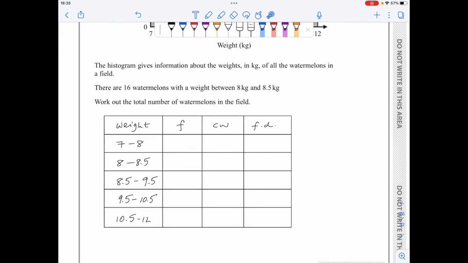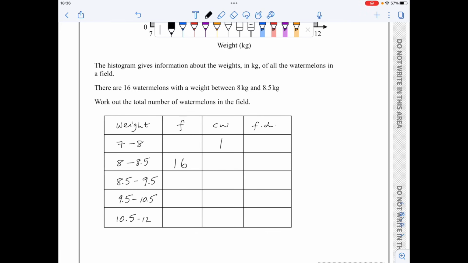Now I know that for the category 8 to 8.5, there are 16 watermelons, so the frequency is equal to 16. Now I can complete the class width column. This is the difference between the upper bounds and the lower bounds of each interval.